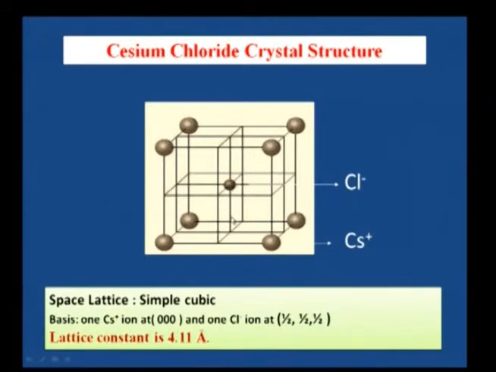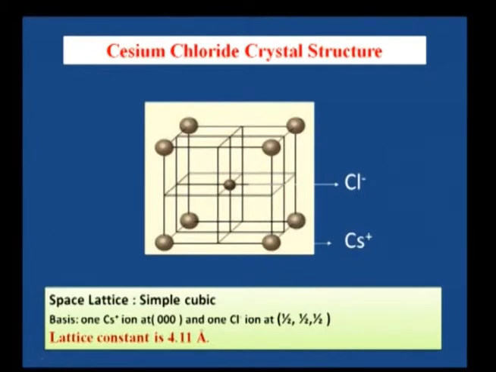Half means half times a, where a is the cube edge. So half times a along the x axis, half times a along the y axis, half times a along the z axis, and you end up here. So, you got a basis wherein you got one ion at 0 0 0, and another ion with coordinates half half half. The lattice constant is 4.19 angstroms.